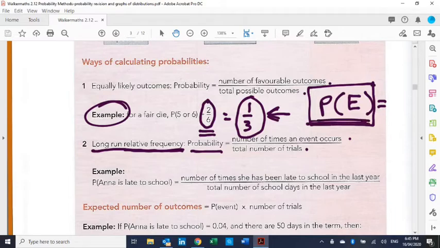If you don't include the P and then the name of the event inside, and you can abbreviate with initials, but make sure that the event is clearly named, then your probability is not correct. Okay? So here, the probability that Anna is late to school equals. You have to include that information. All right?